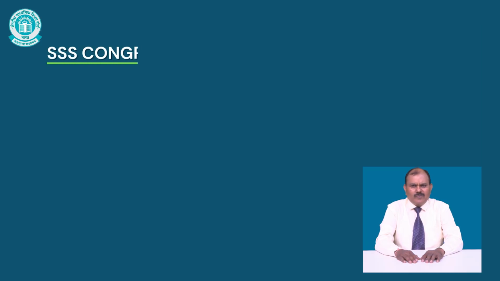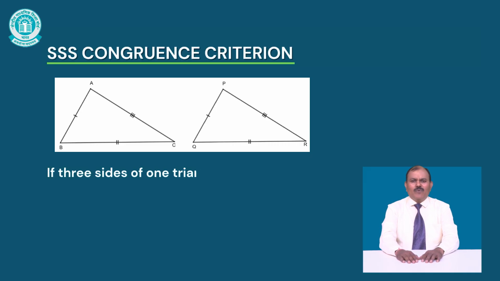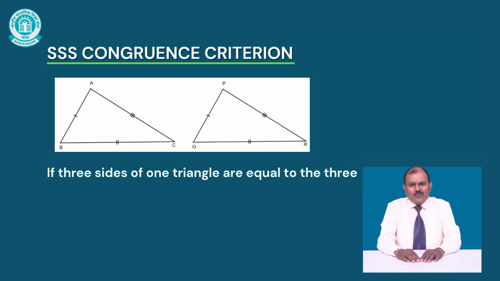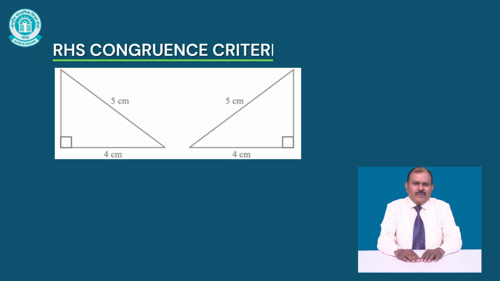Let us state the third criterion for congruence of triangles. If three sides of one triangle are equal to the three sides of another triangle, then the two triangles are congruent. Also, let us state the fourth criterion for congruence of triangles too.